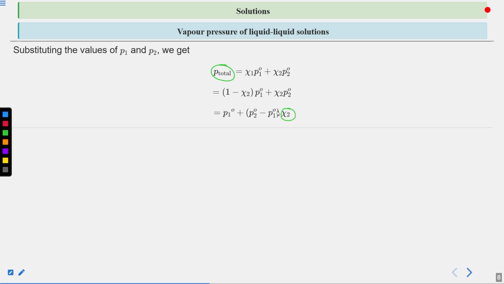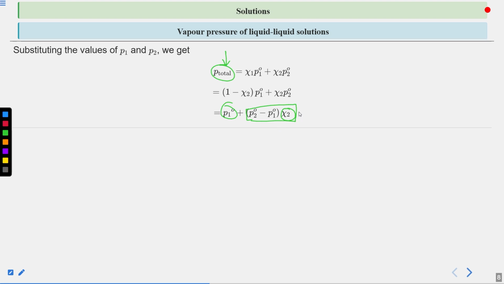This equation looks like the equation of a straight line, and for this we will see the graph in the coming slides. Remember, if you compare it with the equation of a straight line, which goes like y is equal to mx plus c, then y is P total, mx is this whole term, and c is P01.